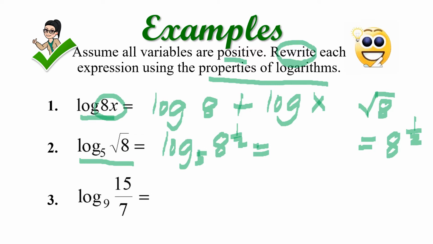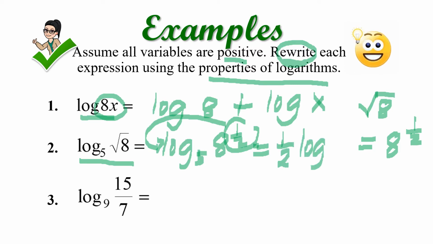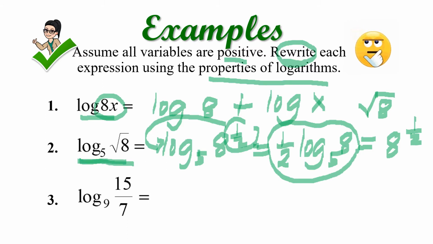And remember the rule that when you see an exponent, you have to put this exponent before the logarithm. So we have to bring down the exponent 1/2 before the logarithm. So write logarithm and simply copy 8 to base 5. So this is the equivalent expression of logarithm of square root of 8 to base 5.